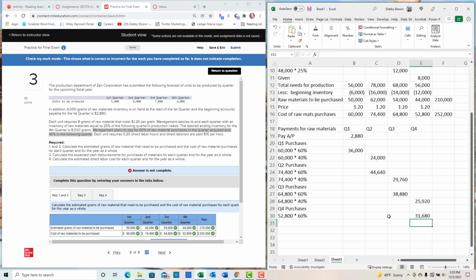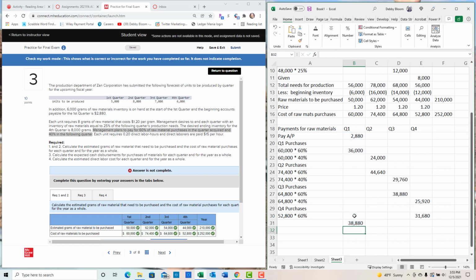Now adding everything together. Every column should have 2 numbers, the amount from the previous quarter and the amount from the current quarter. So I'll make sure to add everything together, starting all the way at the beginning, line 19, and adding all the way down to line 30. Excel will just ignore any blank cell.